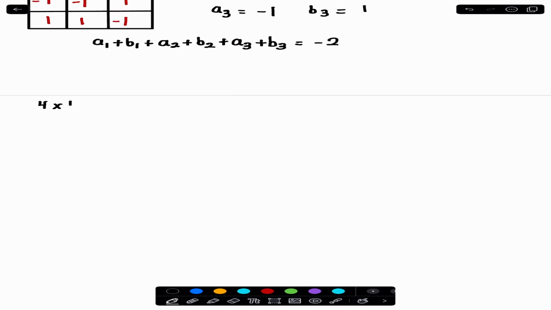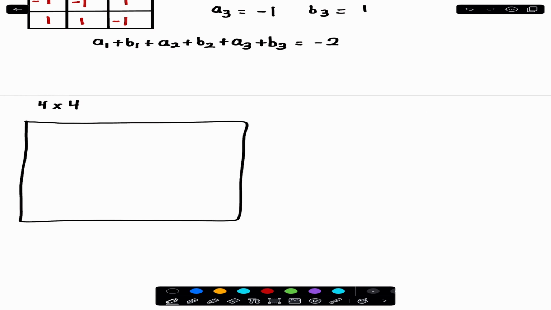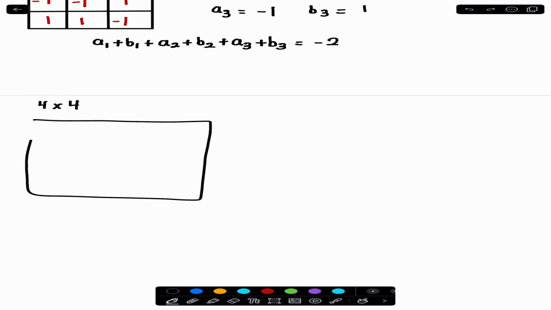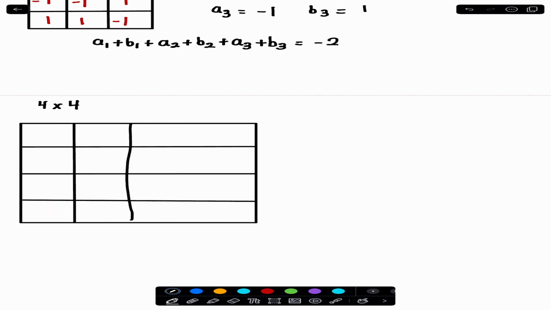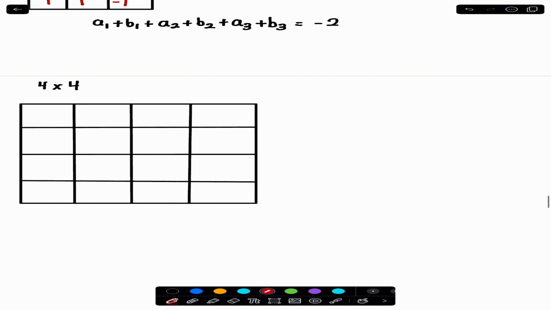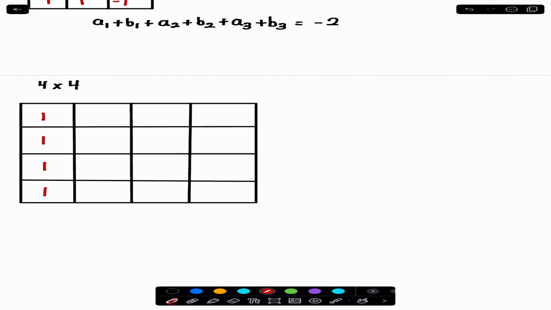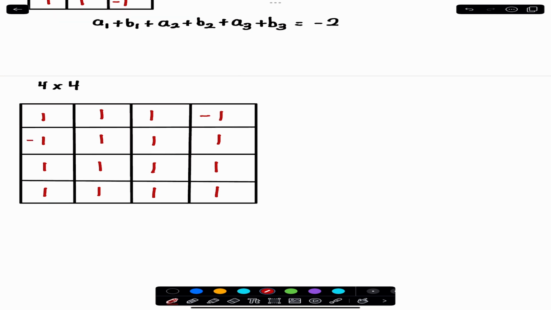Let's try a 4x4. I'm going to make it a little bit bigger, and likewise, I'm going to fill this up and stick in a bunch of minus signs.